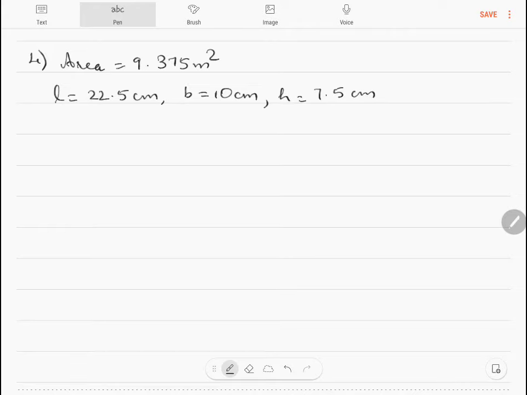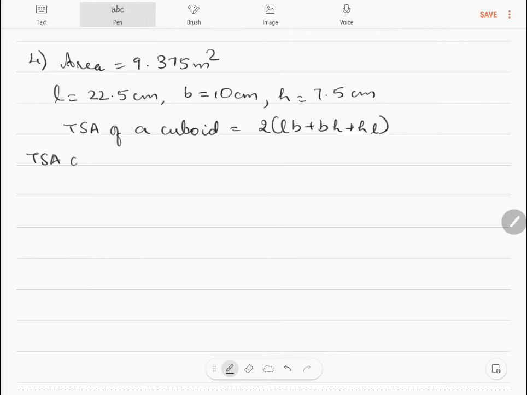First we need to find the TSA of a brick, the total surface area of the brick. The total surface area of a cuboid formula is 2 into LB plus BH plus HL.